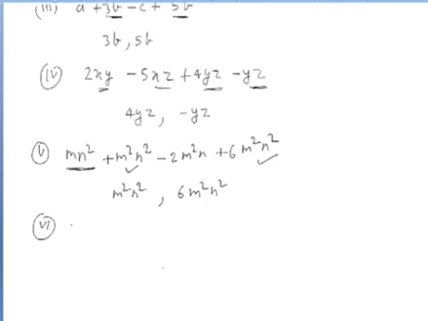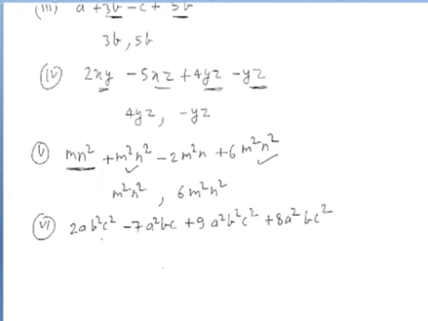2ab square c square minus 7 a square bc plus 9 a square b square c square plus 8 a square bc square.